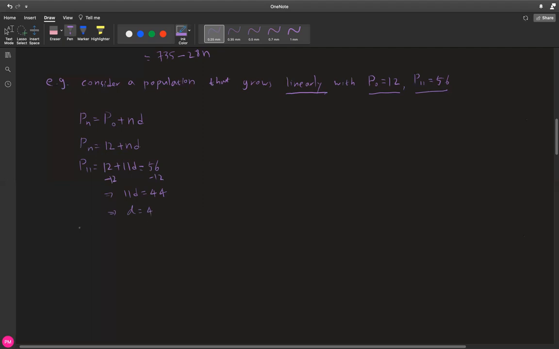So you end up with the explicit formula P sub n equals 12 plus 4n. And that's how you find the explicit formula. Knowing this, we can also find the recursive formula as P sub n equals P sub n minus 1 plus 4.